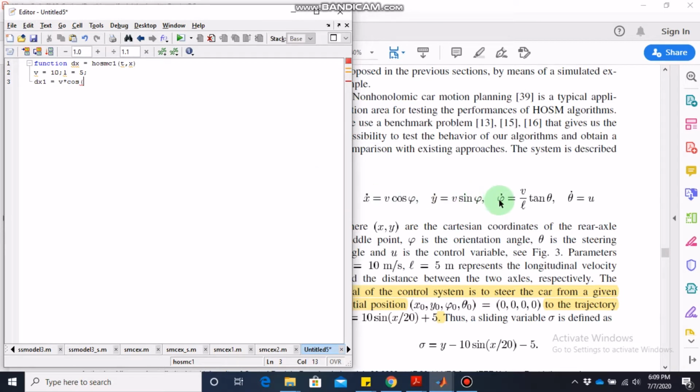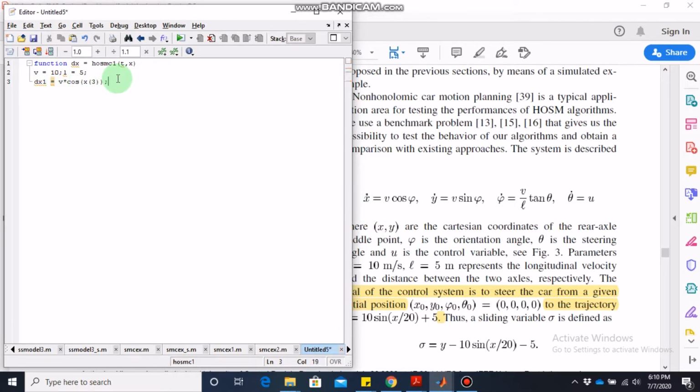So first state variable is x, second state variable is y, third state variable is phi, and the fourth state variable is theta. So phi is x3 for us, and x is x1 for us. So derivative of x1 is v times cos of phi.